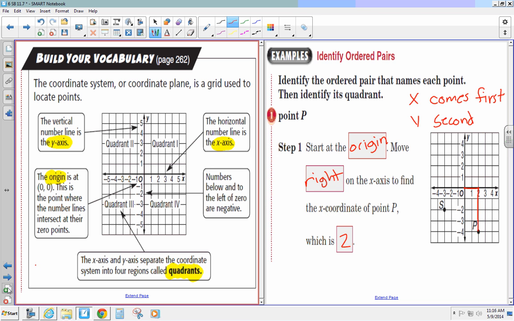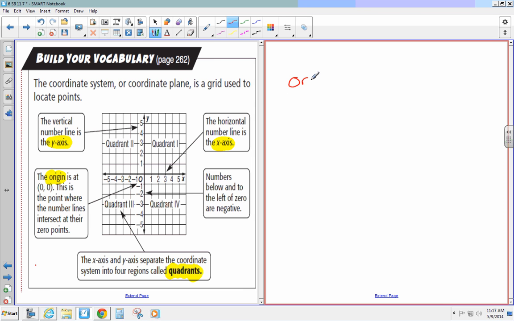So I'm going to add a vocabulary word in here, ordered pair. The ordered pair is our pairs of numbers.